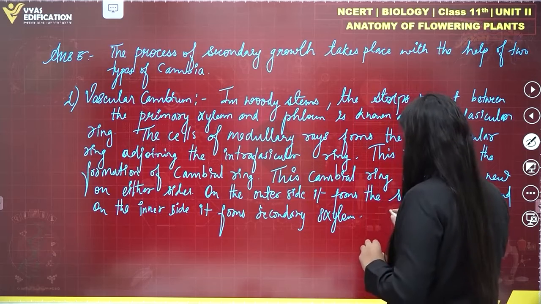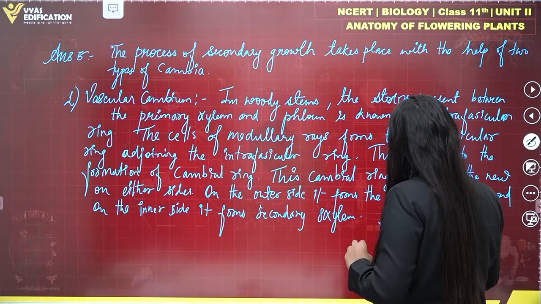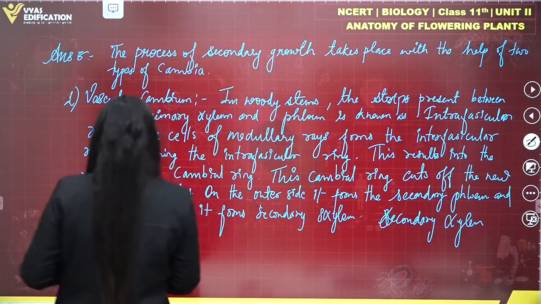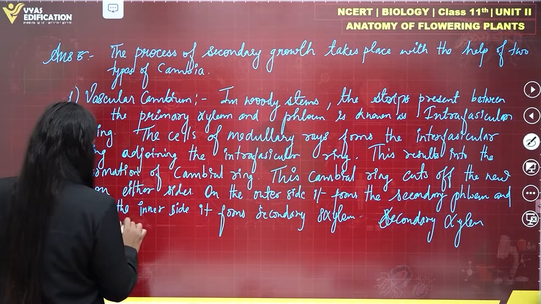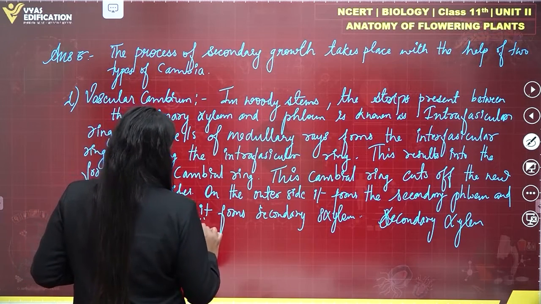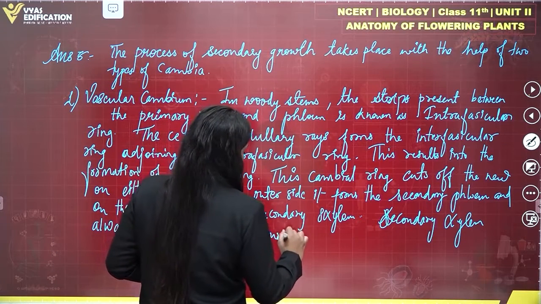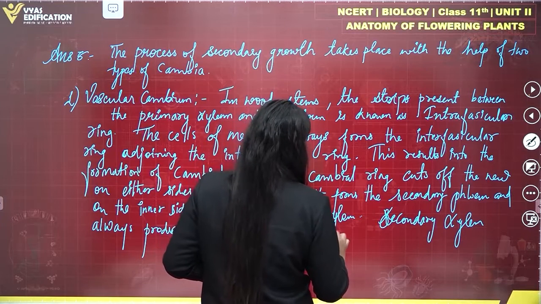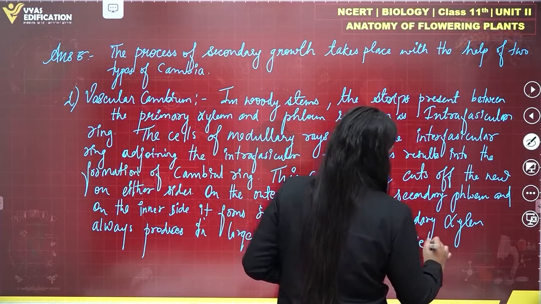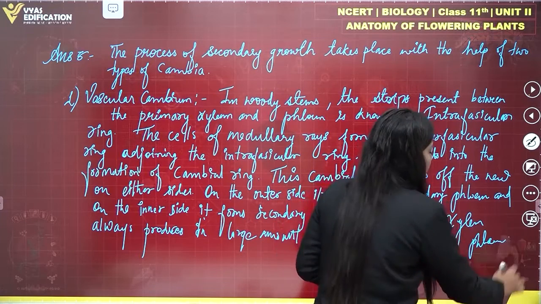So we'll write like this: secondary xylem always produces in large amount as compared to secondary phloem.